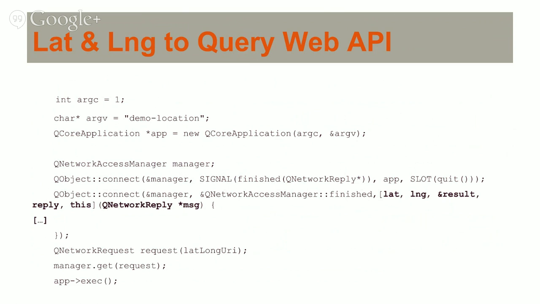And then in the normal parentheses, there's the QNetworkReply pointer. So when this runs, we're going to have a pointer named msg, which is the reply from the network. And we can use that msg to see if we actually got a reply, and then parse it. In the next couple of screens, I'll show that.